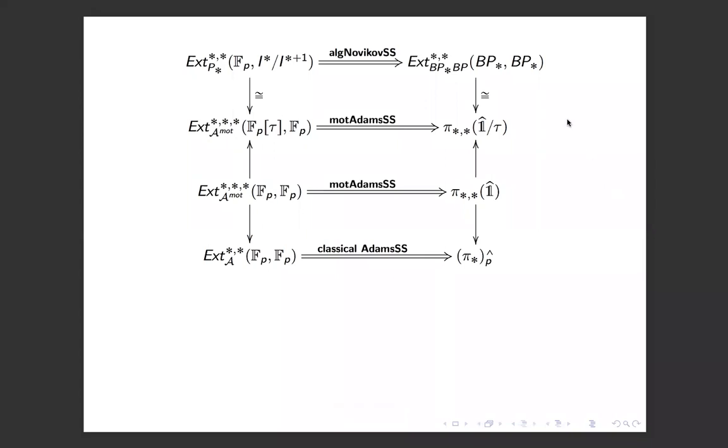So the idea here is to use the deformation I mentioned earlier, but through spectral sequences. So these two objects live in two different categories, but since the categories are the same, the spectral sequences are actually isomorphic. So this is the information about this special fiber, which is purely algebraic. So that's why we can make a computer program to compute any differentials within any reasonable range. And then the lower two arrows are the deformation I'm talking about. So this is the special fiber, this is the whole thing, and this is the generic fiber, which is the Betti realization. When we invert tau, we actually get back to the classical information.